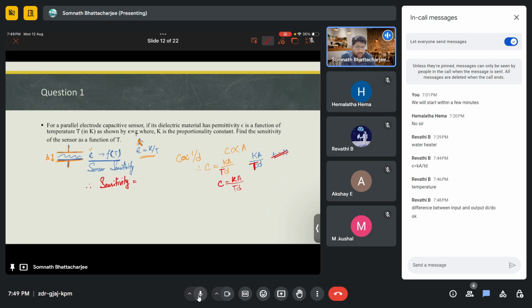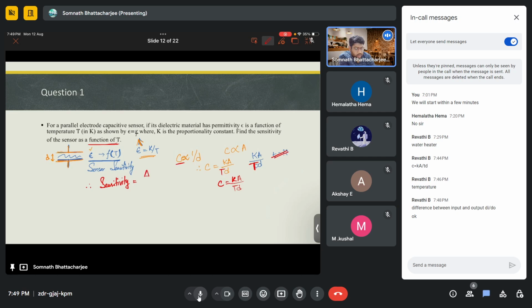It's a parallel plate capacitive sensor. Let me specify that as it's a capacitive sensor, the output will be C, and we need to judge the value of this C with respect to T. So your answer was wrong actually.